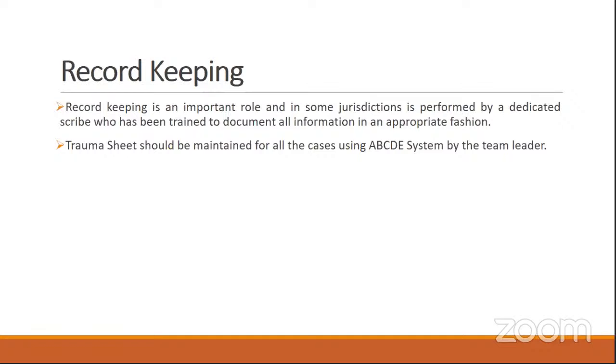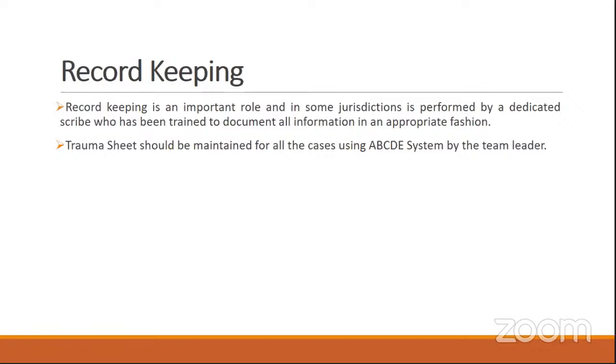The trauma sheet should be maintained in all trauma cases, and it is filled using the ABCD approach. Earlier, for our trauma cases, we had this trauma sheet, so it was very easy to identify whatever has gone wrong. All the minor injuries, including abrasions, lacerations, and contusions, will be documented in the trauma sheet.